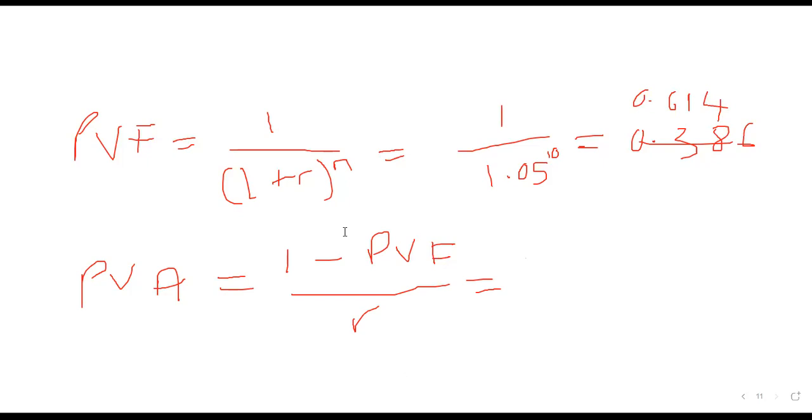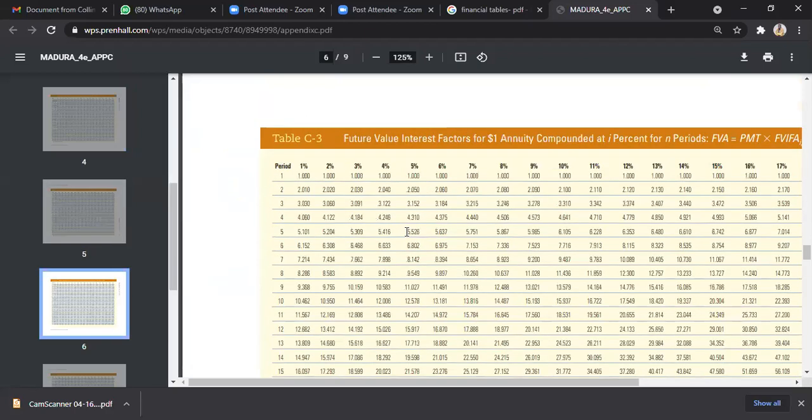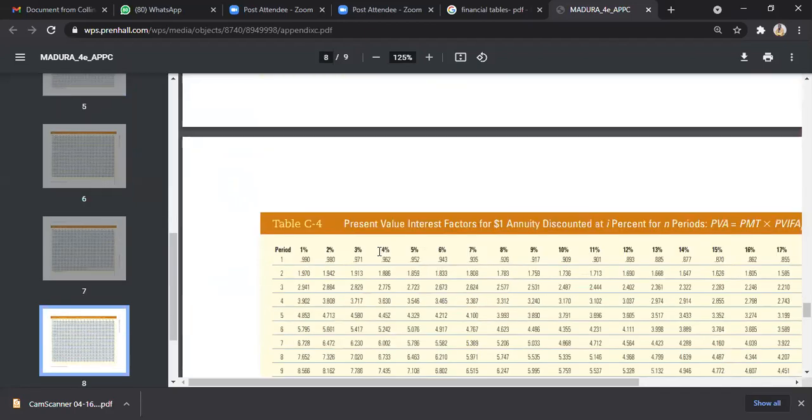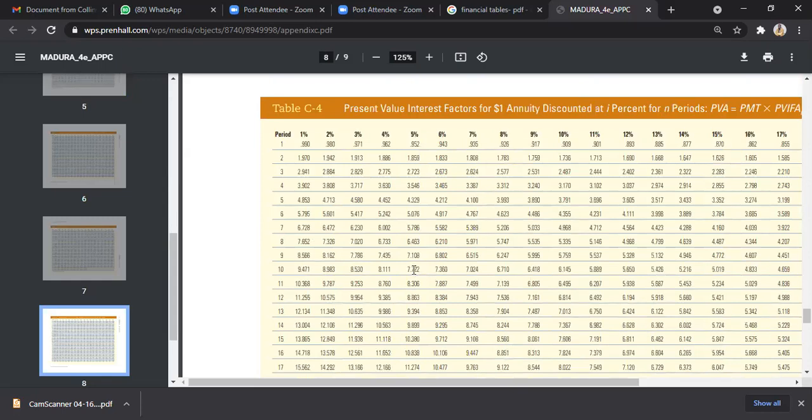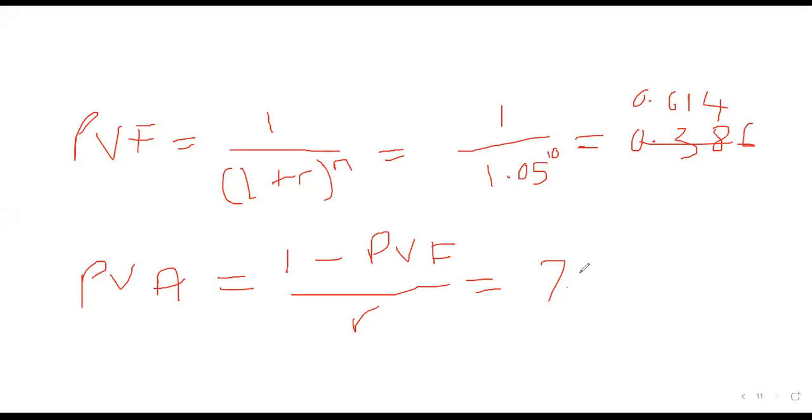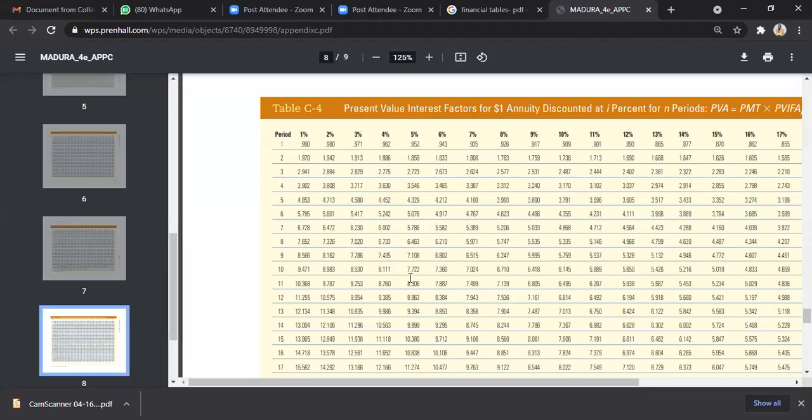When you go to this table, under 5%, the present value, 5% under what? 10, 7.722. Is that what you found? Confirm. 7.722.